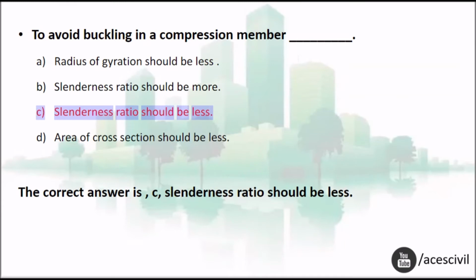C. Slenderness ratio should be less. D. Area of cross-section should be less. The correct answer is C. Slenderness ratio should be less.